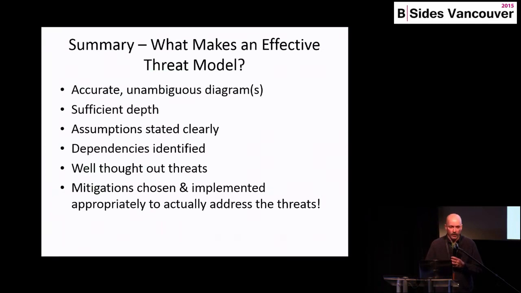And when it goes sideways, the internet tends to go sideways too. Your threats are well thought out. Your mitigations are chosen and implemented appropriately to actually address those threats. There's nothing worse than doing a great threat model and then choosing a mitigation that doesn't work. It gives you a false sense of security.